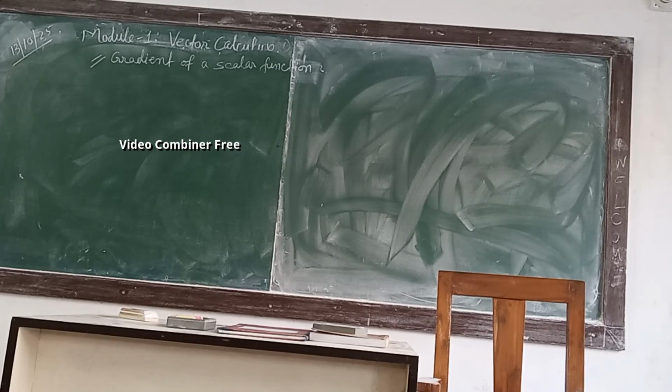That means gradient is if any scalar quantity changes with respect to distance. That is called the gradient. If anything changes with respect to distance, then that is called the gradient. And we have to take the gradient of a scalar function, not a vector function.